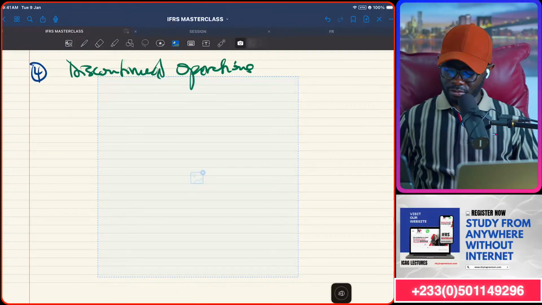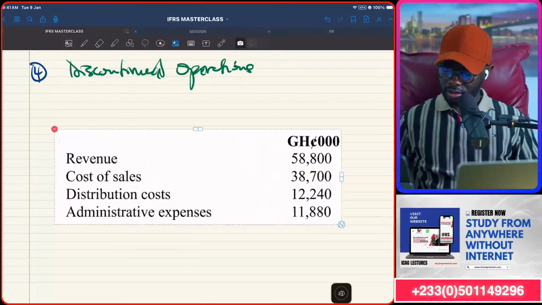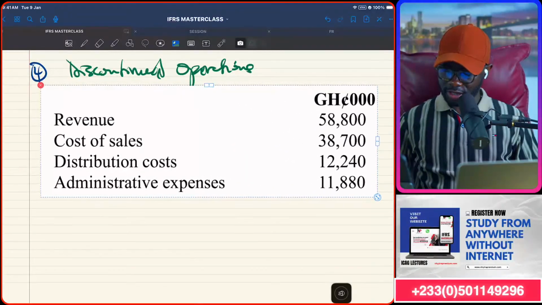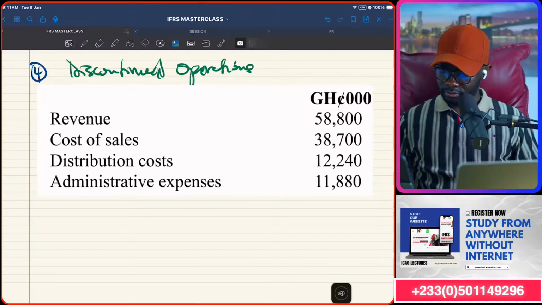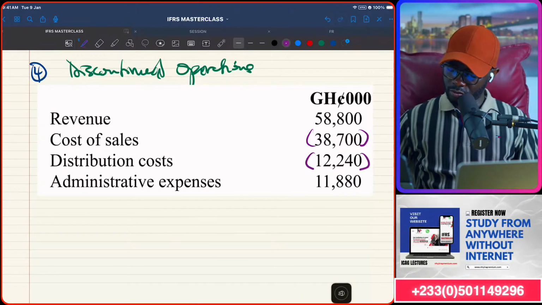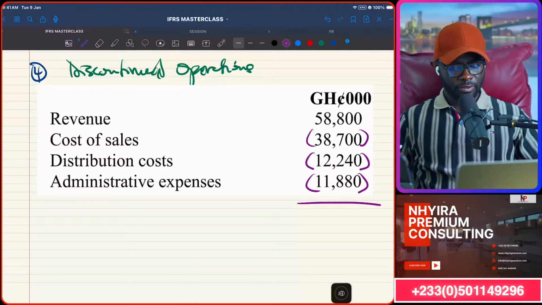Because I want to simplify my workflow. So that is it. And we're going to subtract cost of sales, distribution cost, admin from there.